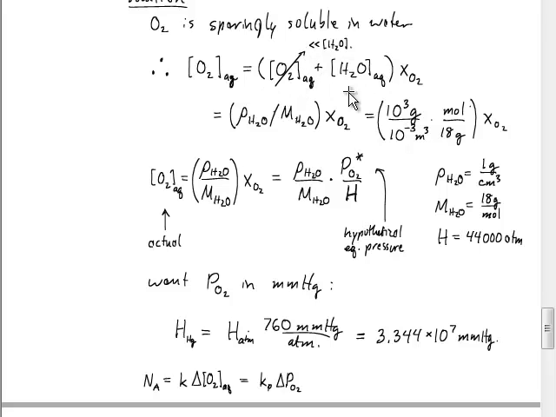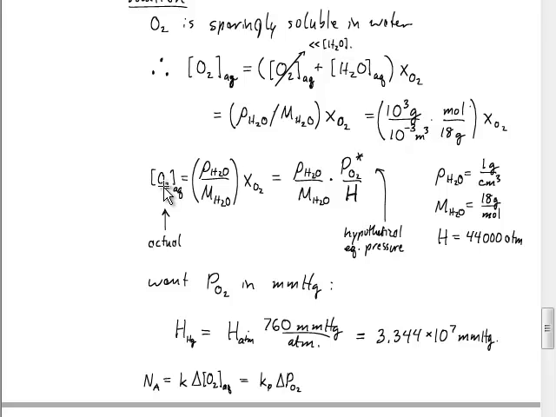And then to write the concentration of water in water, we just need to know the density of water divided by the molecular weight of water, and that gives us an approximation. And then when we multiply by the mole fraction of oxygen, we get this molar concentration of oxygen in the water phase. Okay, so some numerical details there on the values that go into those equations.